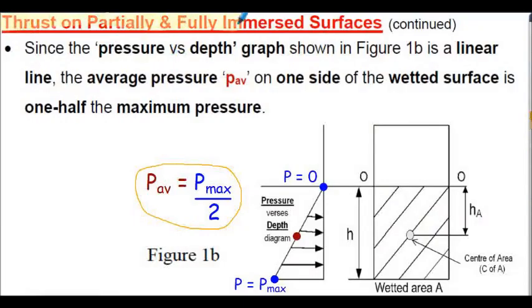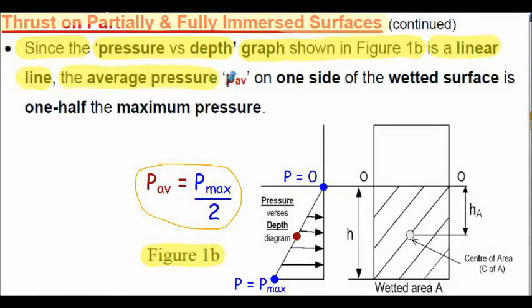Thrust on our partially and fully immersed surfaces continued. So since the pressure versus depth graph shown in figure 1b here is a linear line, the average pressure, PAV, on one side of the wetted surface is 1/2 the maximum pressure.